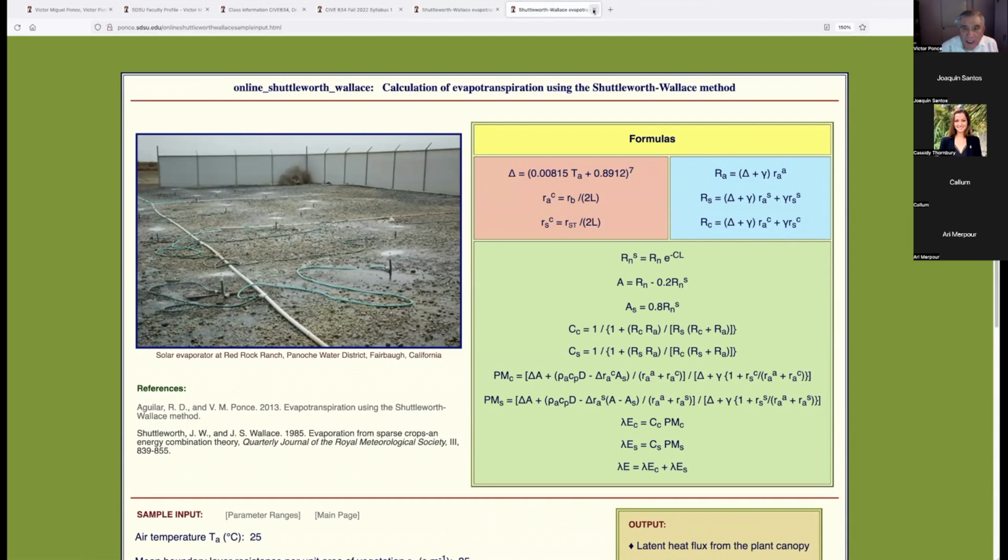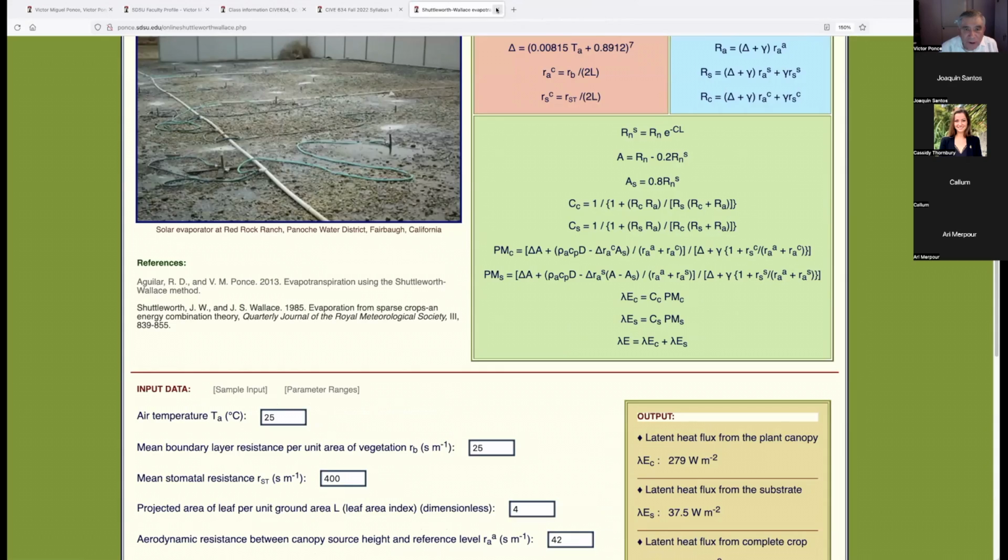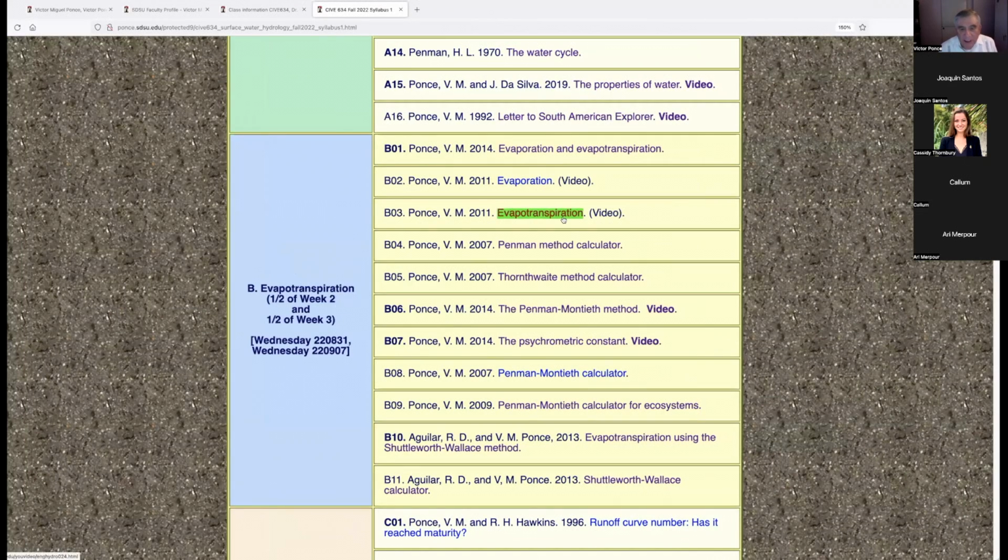So with this then, I have shown to you that there are these 4 methods, namely the Blaney-Criddle, 60 years old, the Thornthwaite, also 60 years old, then the Penman-Monteith method, which again is about 60 years old too, but a good method because it's conceptual, it's not empirical.